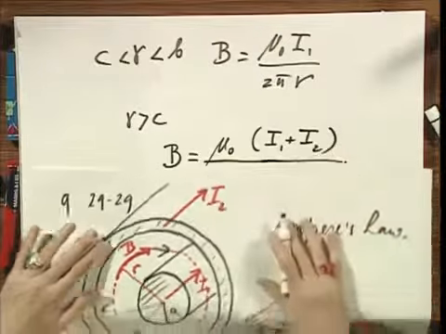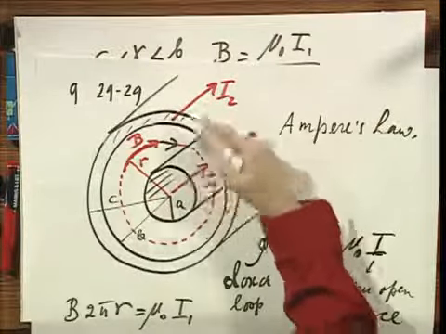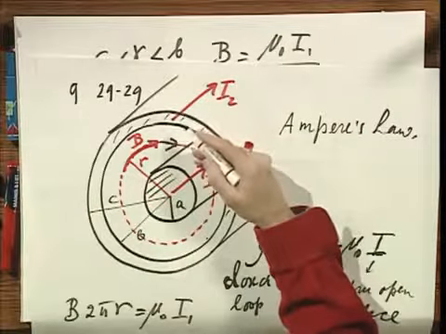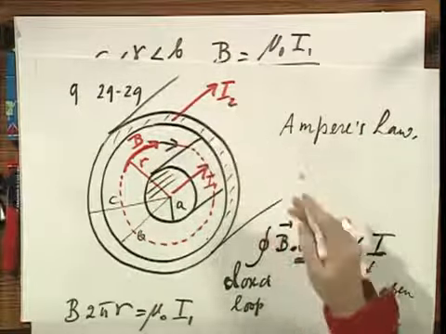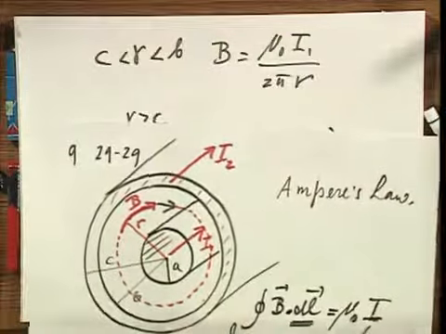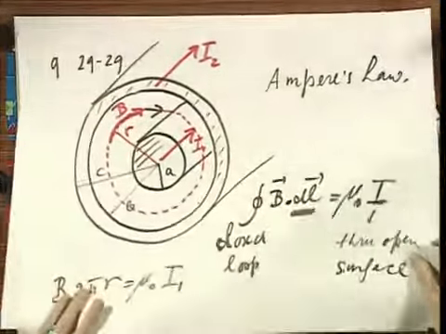And if I1 and I2 are the same in magnitude but in opposite directions, then obviously the net result will be 0.